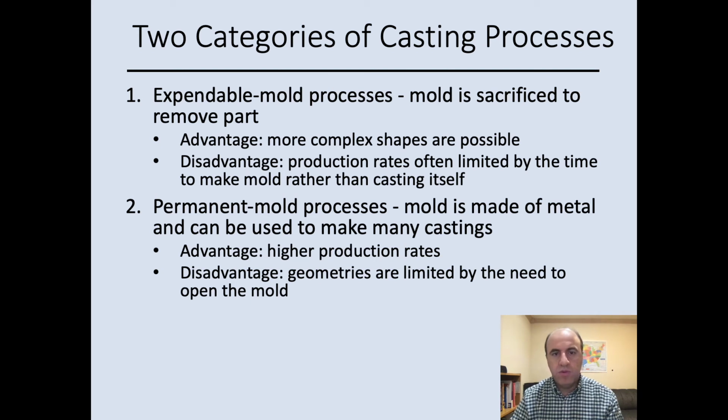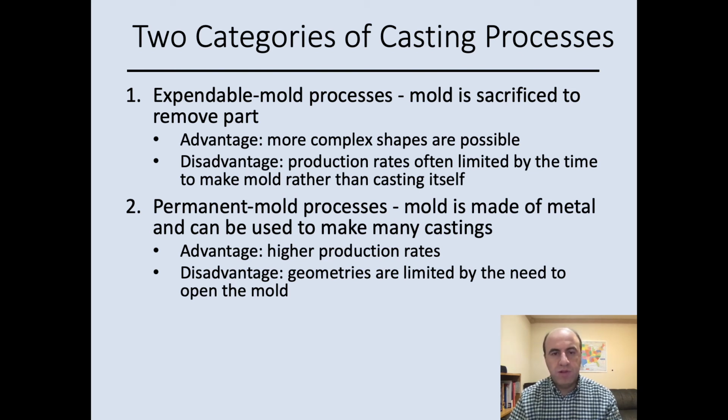In the expendable mold process, the mold is going to be sacrificed for the part. So the mold is going to be removed when the solidification is completed. It has advantages and disadvantages.